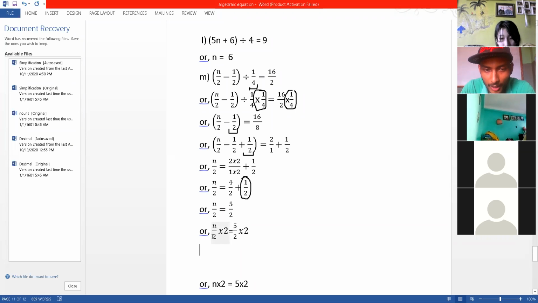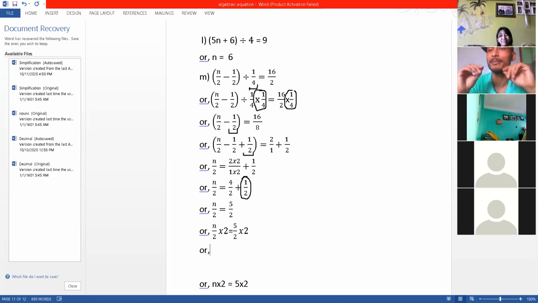If I want to remove the 2 from here, I will multiply by 2 here. And if I want to remove 2 from here, I will multiply by 2 here. Fortunately, if I remove 2 from one side, the 2 on the other side will also be removed because there is 2 on both sides. So we are very lucky in this situation.